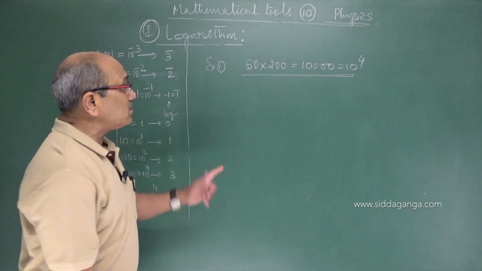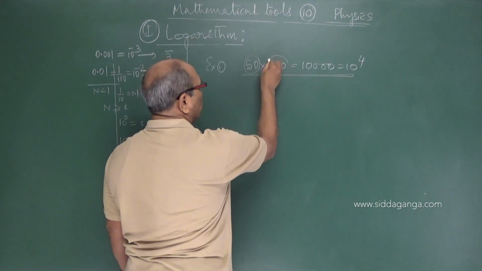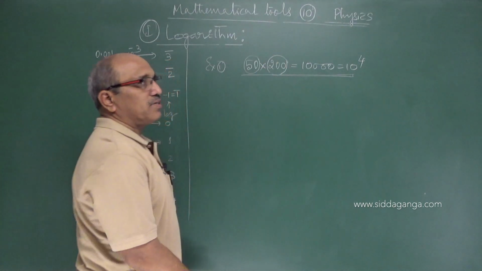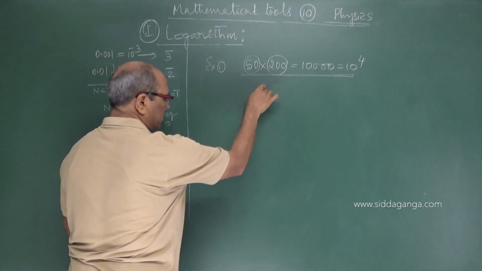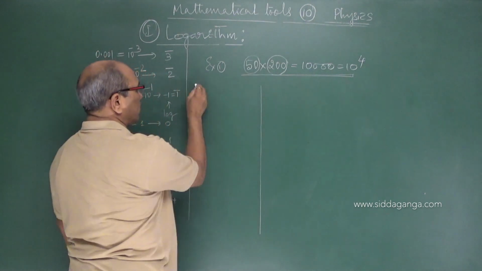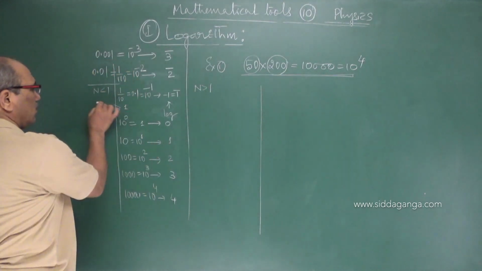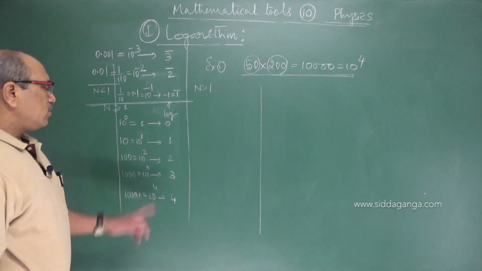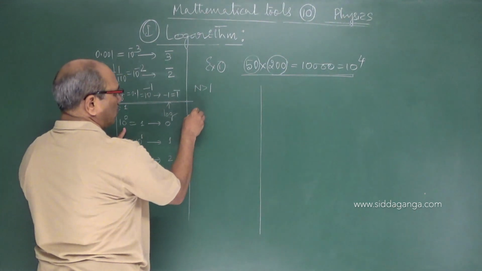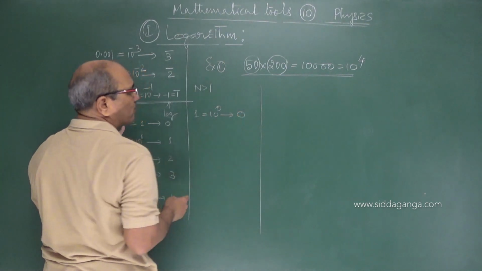But the problem here is how to write this 50 and 200 in powers of 10. See, I am showing a small chart for any number greater than 1. I took the sum table. Carefully observe: for 1, which is 10 power 0, log is 0.